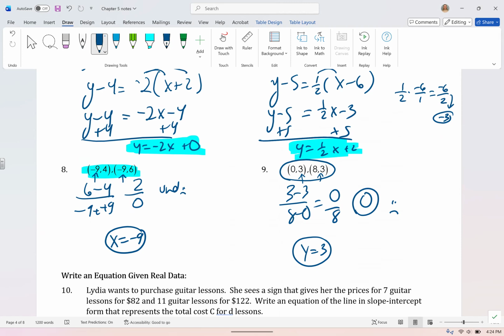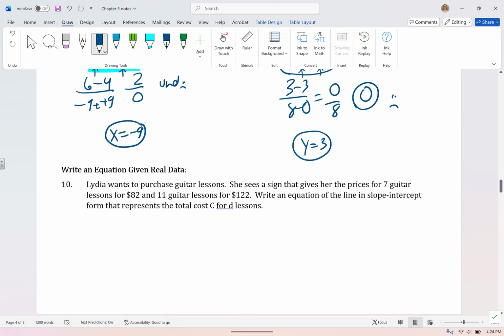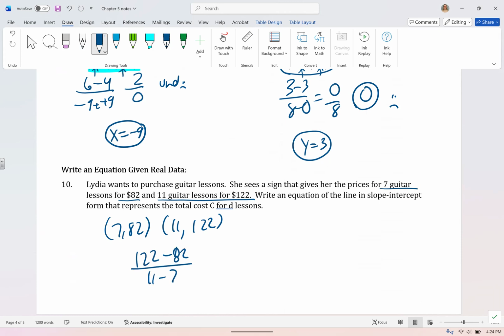Okay, one word problem. 7 guitar lessons cost 82 and 11 cost this. Write an equation for the line. So 7 cost 82 and 11 cost 122. Let's do the slope. 122 minus 82 over 11 minus 7. Okay, subtracting those, you get 40 over 4 equals 10.